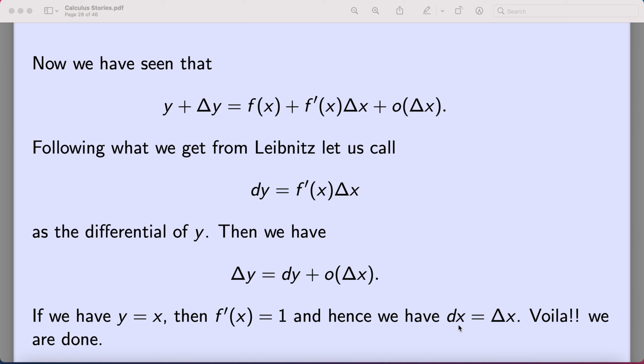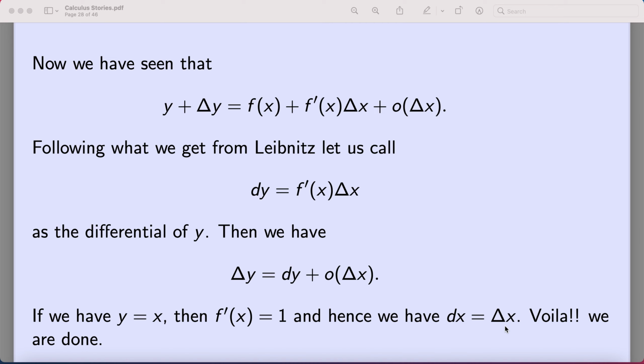So we will just have dx is equal to delta x, voila. So we can actually write delta x as dx. Though what Leibniz said, let us write delta y as dy, is not very rigorous, we can definitely write in a rigorous fashion that delta x is nothing but d of x. The differential of x is delta x.